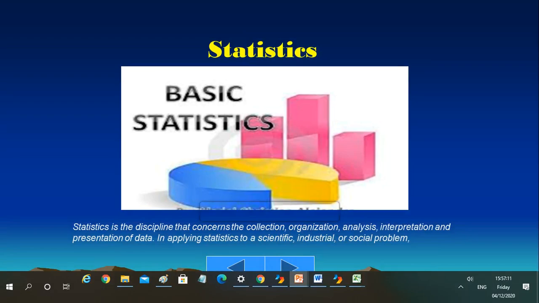So statistics is the discipline that concerns the collection, organization, analysis, interpretation and presentation of data in applying statistics to a scientific, industrial or social problem. Any problem that is there, you will see that it always has certain data, and that data needs to be organized, needs to be interpreted, needs to be presented, and all that is required.